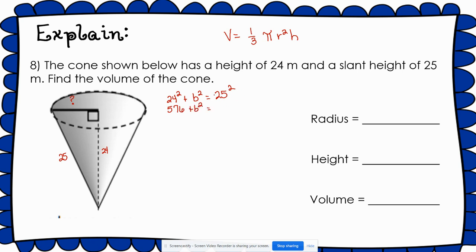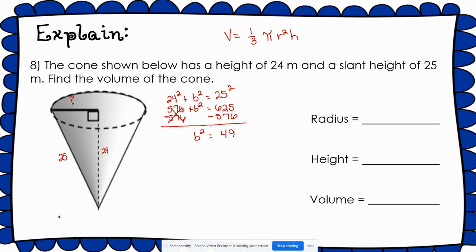And then we have to do 25 squared, which gives us 625. Now to solve this, we have to get b by itself. So the first thing we need to do is subtract 576 from both sides of our equation. Well, our 576s will cancel to leave us with b squared equals, and then 625 minus 576 gives us 49.